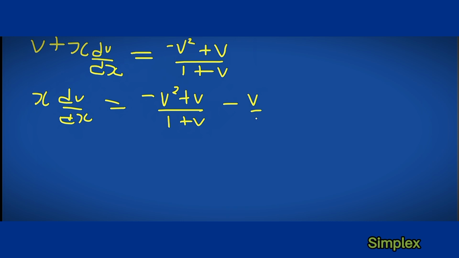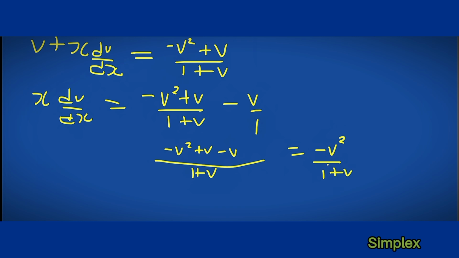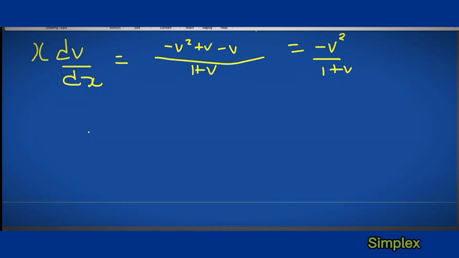We can do that simply: we are left with minus v squared plus v minus v, so we're left with minus v squared over 1 plus v. So we have x dv/dx is equal to minus v squared over 1 plus v.